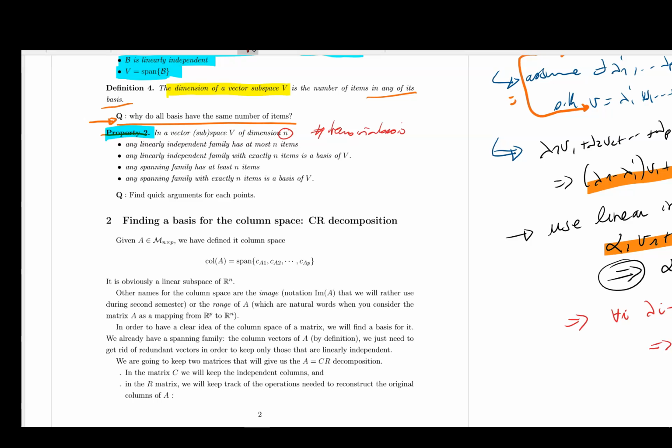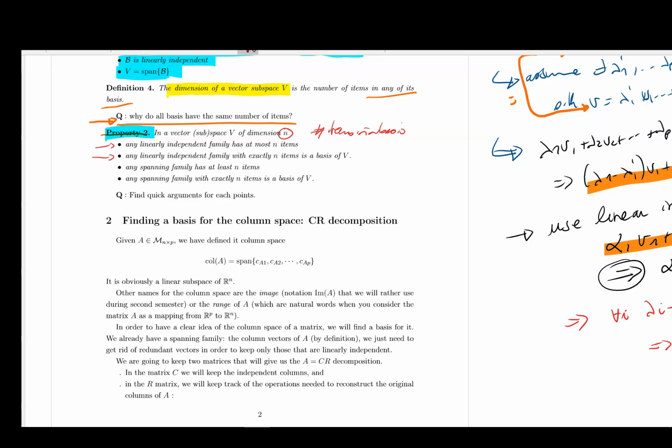That should be n. So what do we have? Any linearly independent family has at most n items. A basis, linearly independent and spanning, has exactly n. So if you want linear independence, it has at most n items. Well, that's the idea behind the previous question, actually. All right. Any linearly independent family with exactly n items is going to be a basis.